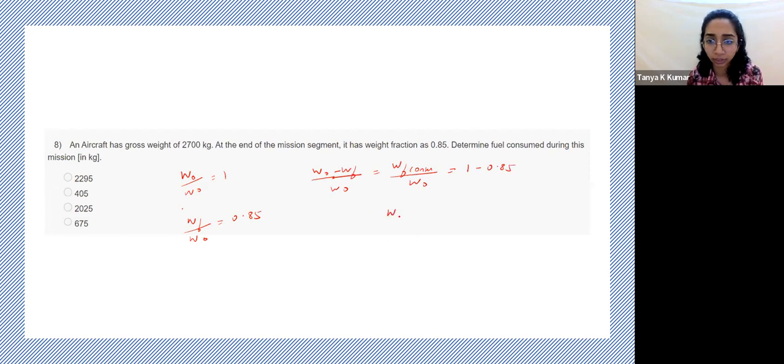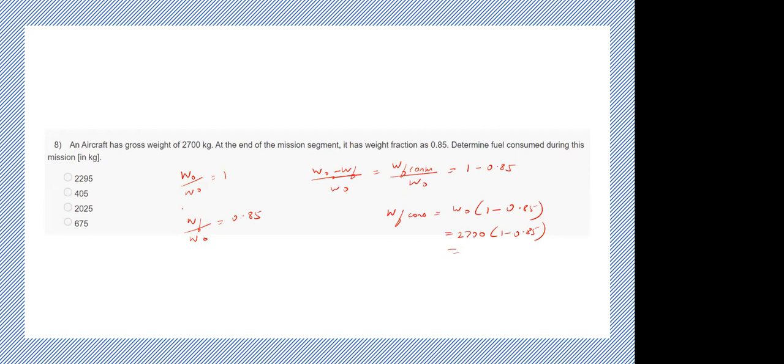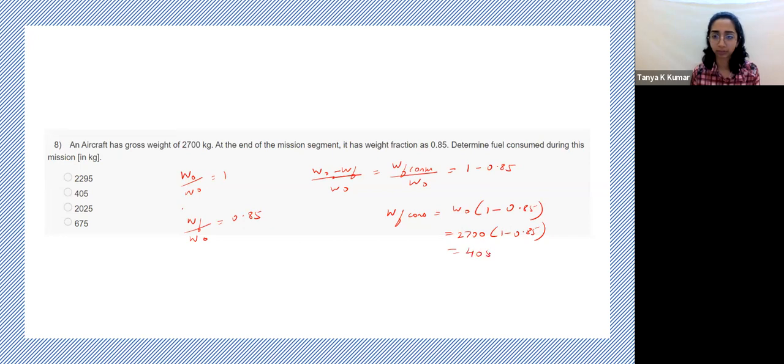So weight of fuel consumed is W naught, the initial weight of the aircraft, into this, that is 2700 into 1 minus 0.85. How much will that come to? 405 kg. 405. Okay, so that is the right answer.